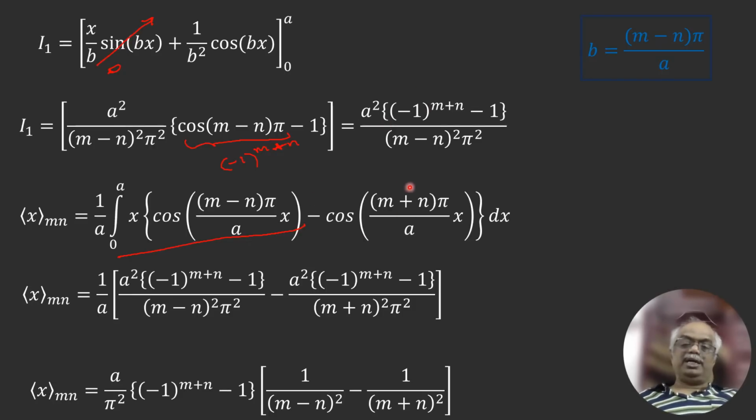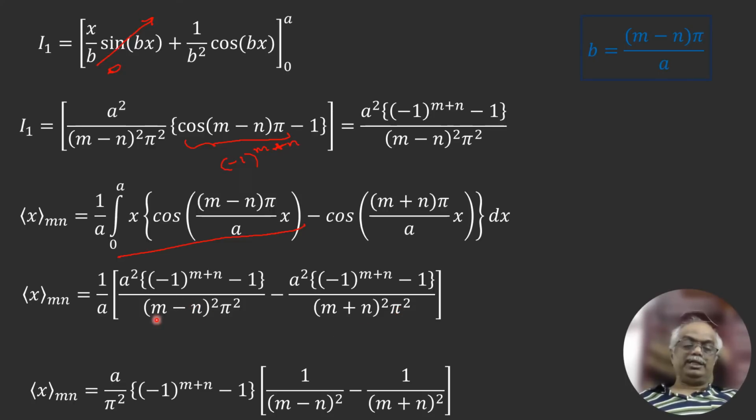So for m plus n or m minus n, we can take minus 1 whole power (m plus n). So this will become a squared times ((minus 1)^(m plus n) minus 1) divided by, here there is a difference, (m plus n) whole squared pi squared.